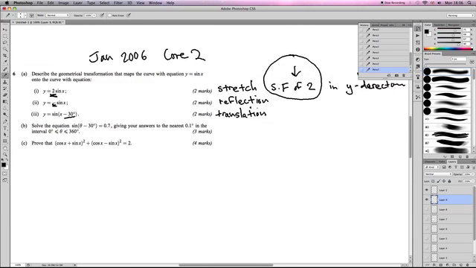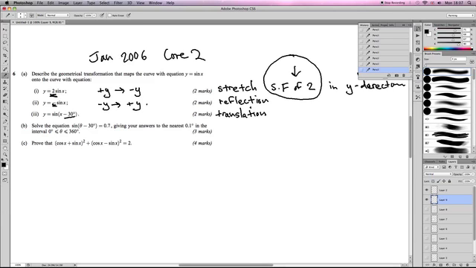This one, reflection. Now this is really important. The best way to do this is to see if it's on the entire thing or if it's just on the x. It's not just on the x, it's on the entire thing. So what's happening is, much like this 2 stretches it in the y direction, what this does is turn all your positive y values into negative y values and all your negative y values into positive y values.